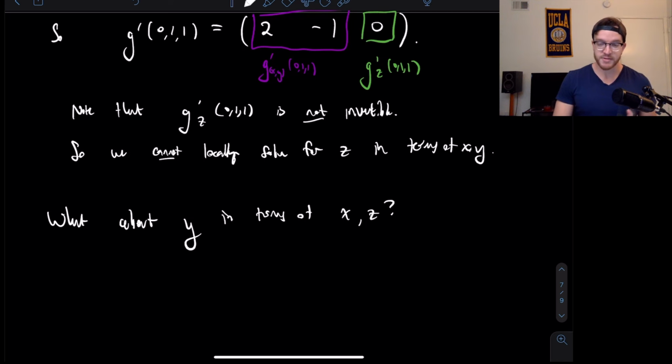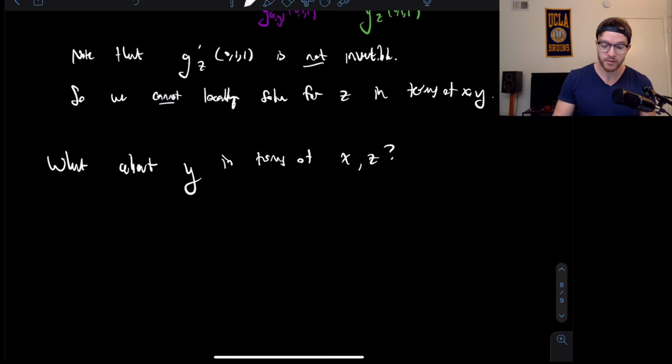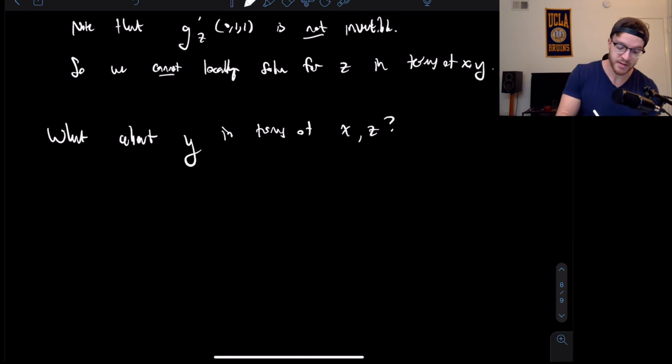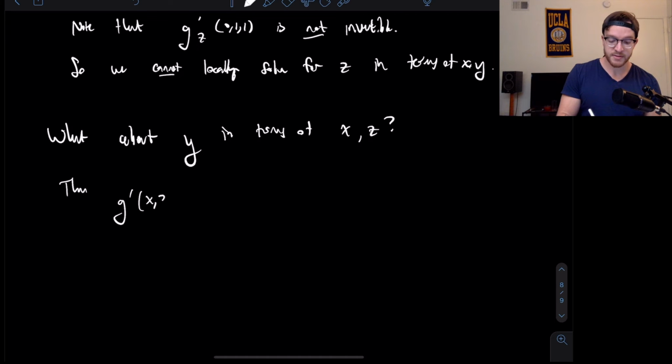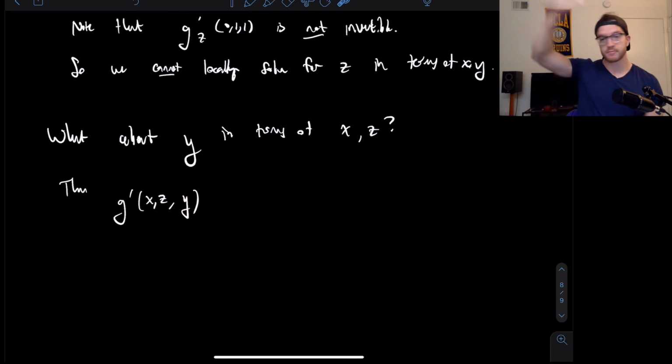In this case, I want to do the exact same thing, but I'll rewrite the order of my variables to be consistent with how I talked about the implicit function theorem. So the kind of thing I would be interested in is the Jacobian of g with respect to x, z, y. I want to put the thing that I'm trying to isolate on the far right side.